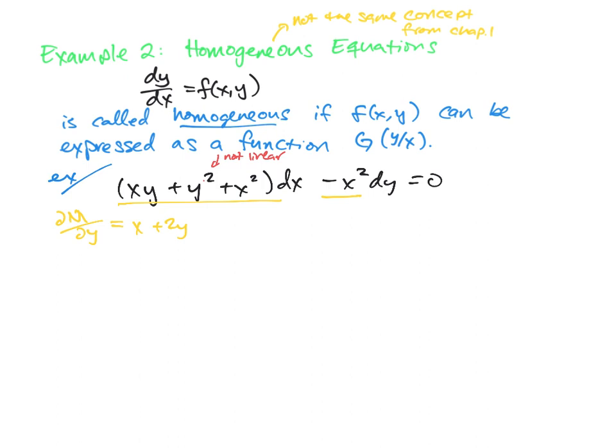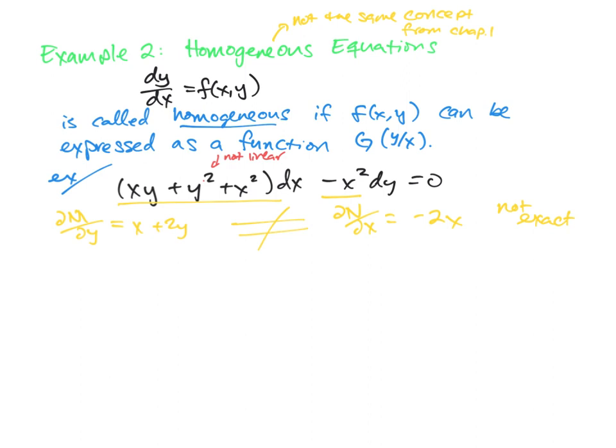So I guess I don't need to write that. And then right here we have our dN dx, which is equal to negative 2x. And so you can see these things are not equal, so this is not exact. Okay, so we have that this equation doesn't fall into any of our other cases.